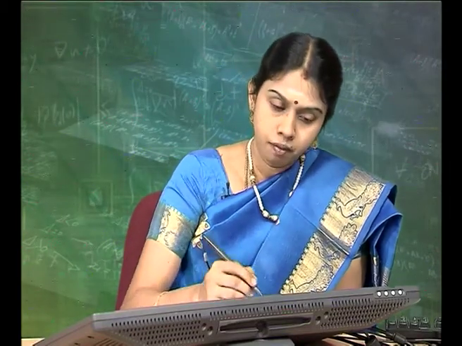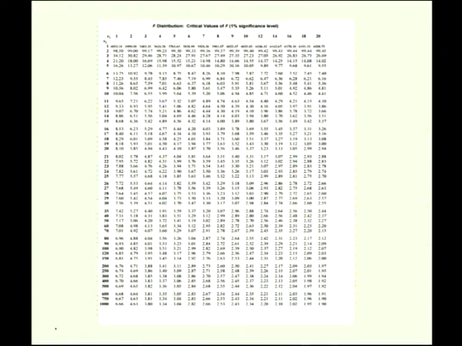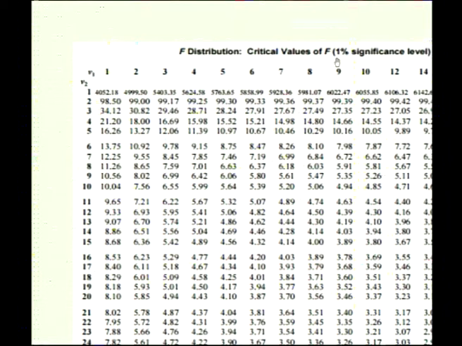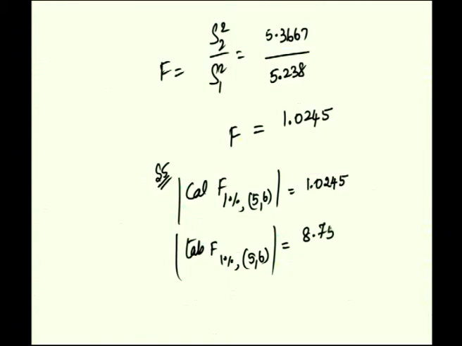Now, this is the table for the 1% level of significance, where the degrees of freedom is 5 for the numerator and 6 for the denominator. We have degrees of freedom 5 and then 6, this is 8.75. Now, our calculated value is much lesser than the tabulated value.